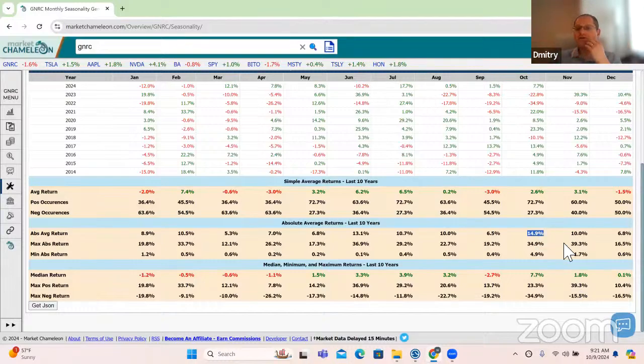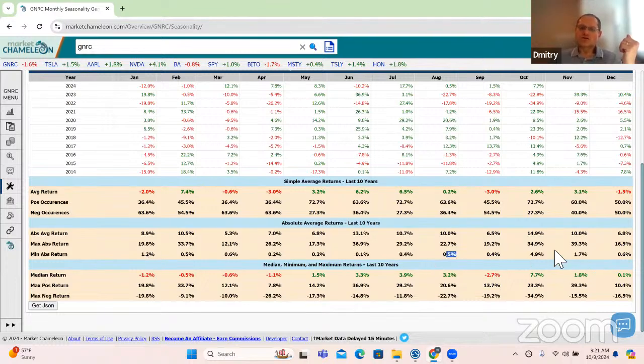Here's the max gain, almost 35%, which we have seen in other calendar months. And the minimum move was 4.9%, which also sticks out because the other calendar months have experienced, a lot of them, almost unchanged, September 0.4%, August 0.5%.